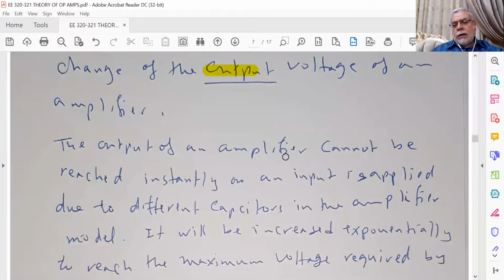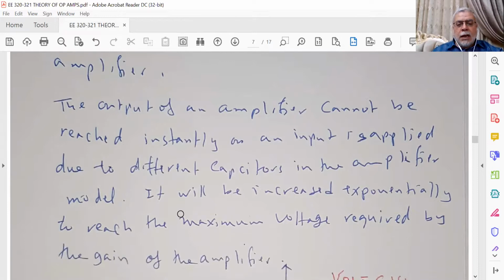The output of an amplifier cannot be reached instantly as an input is applied, due to the different capacitors in the amplifier model. It will increase exponentially like this, and we cannot have an instant variation like this to get the output.